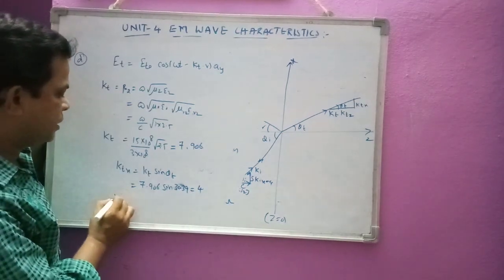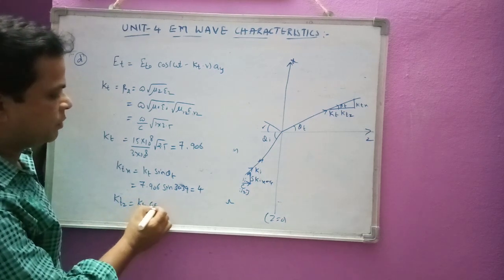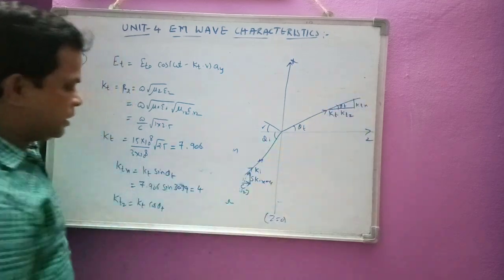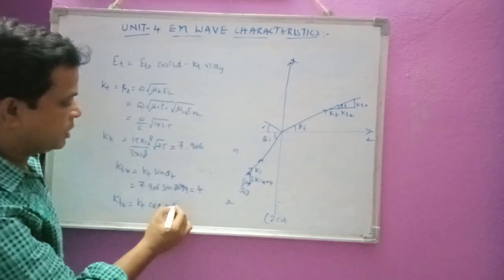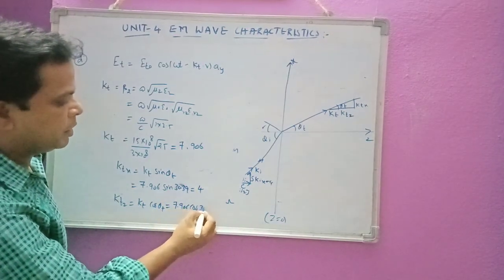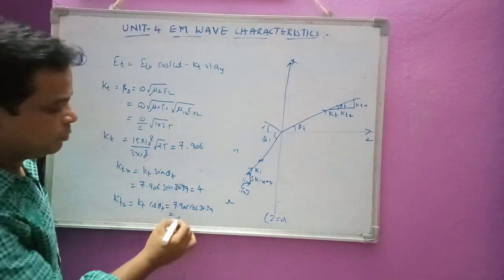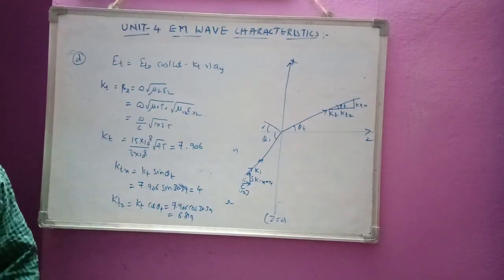Similarly we have to find ktz. Ktz is equivalent to kt into cos theta t from the triangle, cosine and sine. So kt is again 7.906 cos 30.39, which, you can check on your calculator, turns out to be 6.819. So these are the ktx and ktz values.